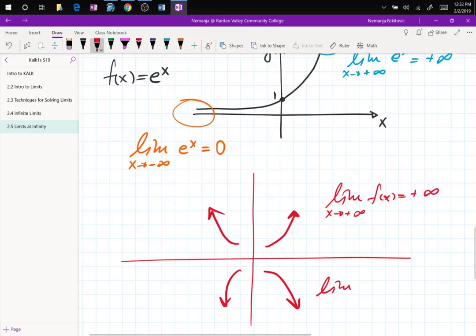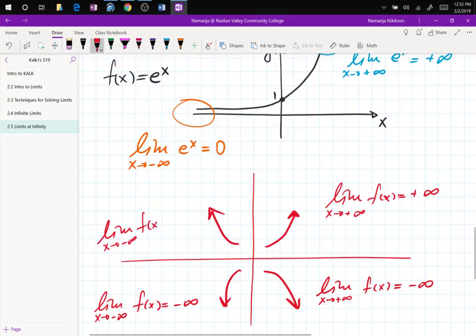This one is limit x goes to positive infinity of f of x to give us negative infinity. This one is limit x goes to negative infinity, because x goes to the left, of f of x is equal to negative infinity. And limit x goes to negative infinity of f of x is equal to positive infinity, like that.